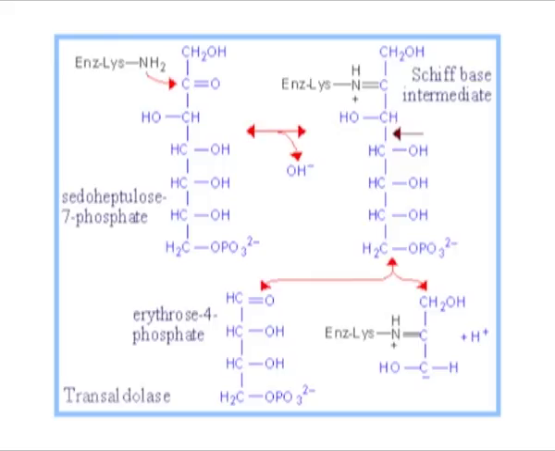The Schiff base stabilizes the carbanion on C3 and yields the 6-carbon fructose 6-phosphate. This enzyme forms a protonated Schiff base intermediate with a ketose, stabilizing a 3-carbon carbanion intermediate, allowing an aldose sugar to react with the enzyme.